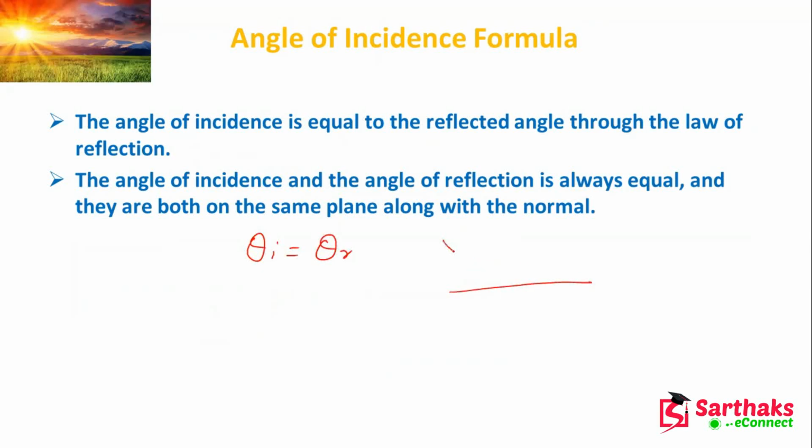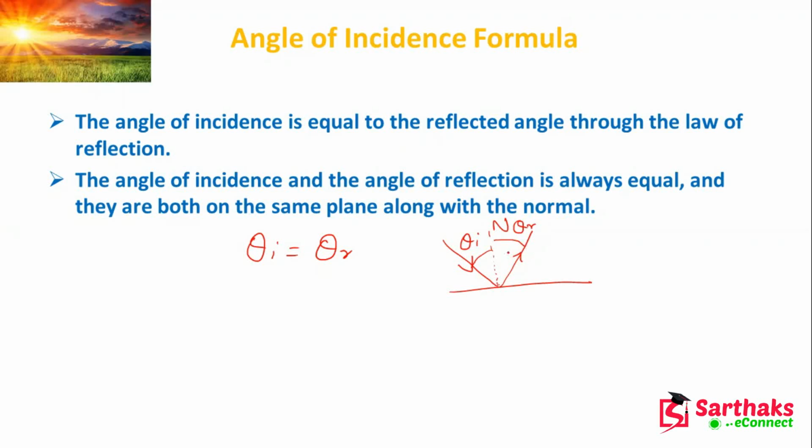Suppose this is the surface and this is your incident ray. Now one normal you are drawing, and this one is the reflected. So this is our theta I and this is our theta r. The angle of incidence and the angle of reflection are always equal, and they are both on the same plane along with the normal.